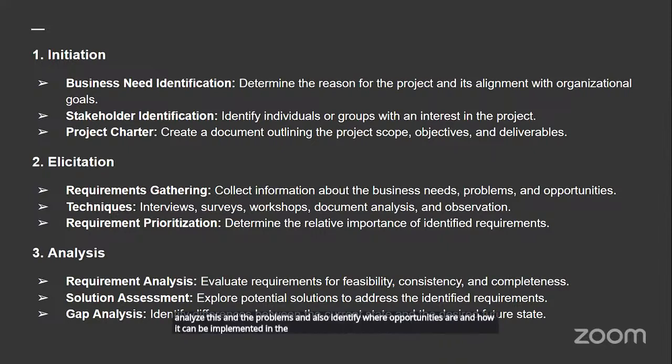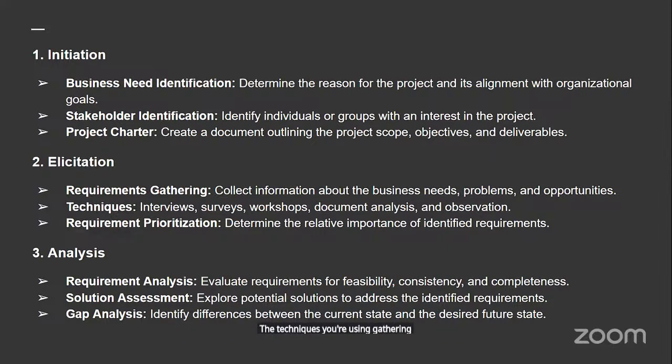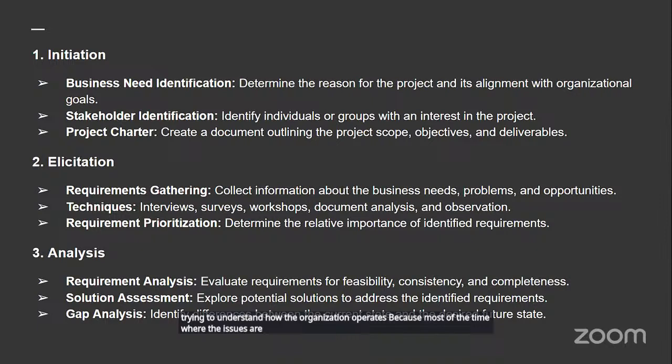That's for requirement gathering. Also the techniques you use in gathering the requirements. This includes interviews, that is one-on-one sessions with staff in such organizations, trying to understand how the organization operates, because most of the time, where the issues are may not be open to the CEOs or the top management staff, but the lower cadre staff are the ones who have the information.